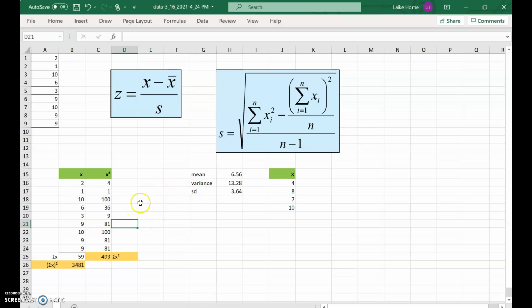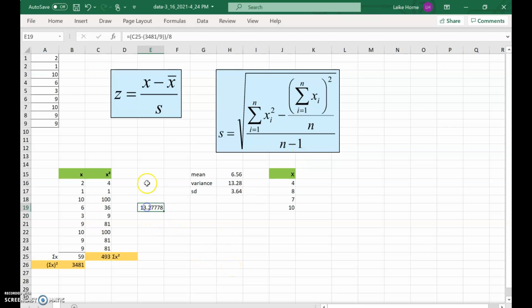So for our formula, we're going to do equals the sum of the x squares, minus the sum of your x's, and then square that number, which was 3481, divided by n, which is 9, and after we get that number, we want to divide that by n minus 1, so 9 minus 1 would be 8.